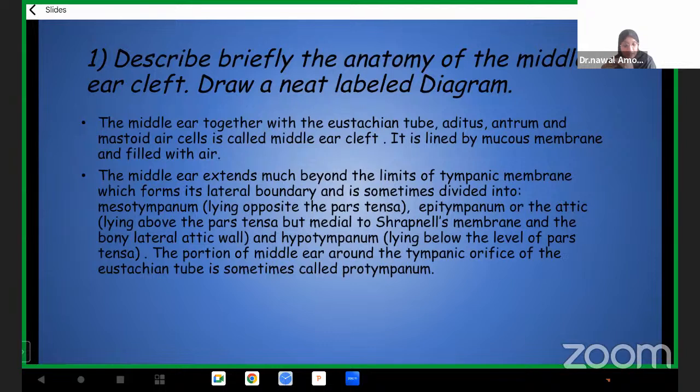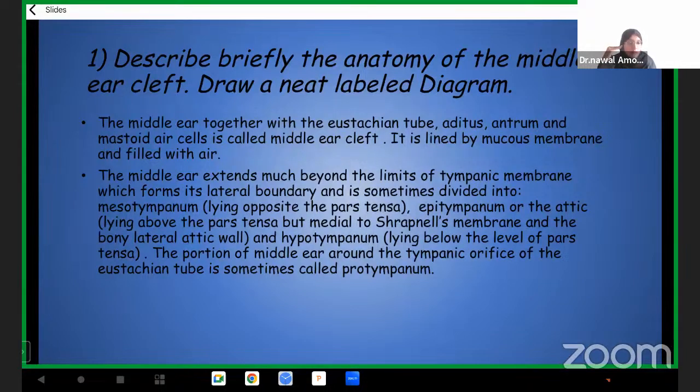Now the lateral part is divided into 3 tympanums. If we cut the head like this, we have epitympanum up, mesotympanum in between, and hypotympanum.